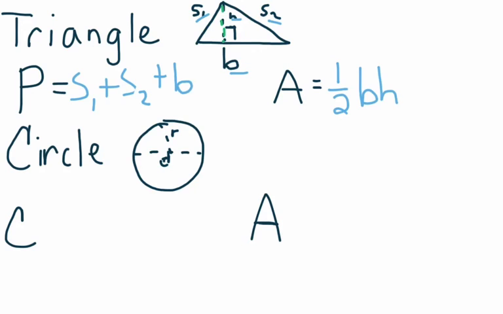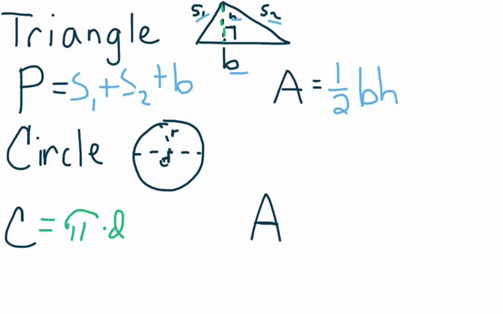The last one that we're going to do today, last formula we're going to get today, is a circle. Now, the outside of a circle is called the circumference, okay? And circumference is determined by pi, this is the symbol for pi, times the diameter.